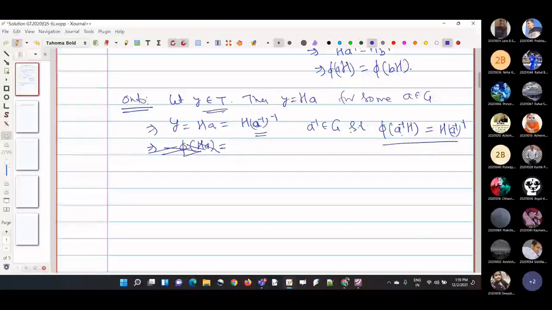I think you got this. So once we have some element here, we can write y equals Ha for some a belongs to the group G. And then Ha we can write like this. And once we can write like this, then of course a inverse, because G is a group, so the inverse also exists. So we can talk about this left coset, and we can map this to this, by definition.